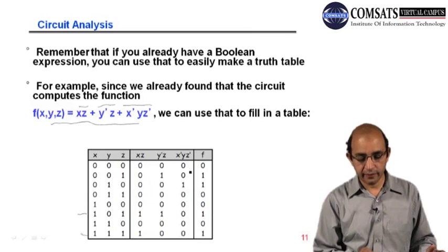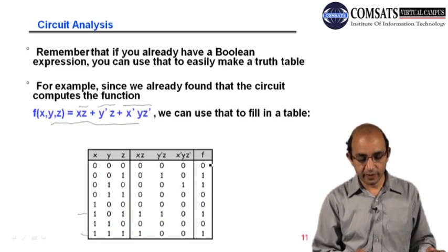Here we have x bar y z bar. If we focus on 1 only, x bar becomes 1, y as it is, and z bar, so we will be having a 1 here. This is the only one, and the rest of the results are zeros.